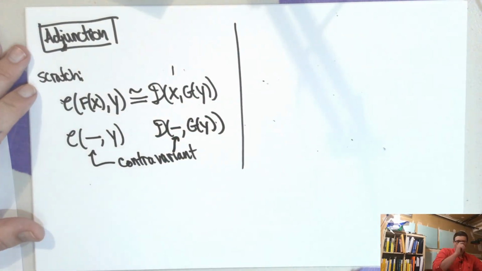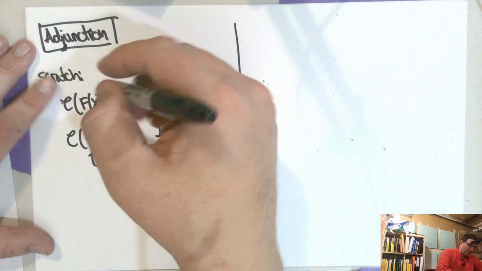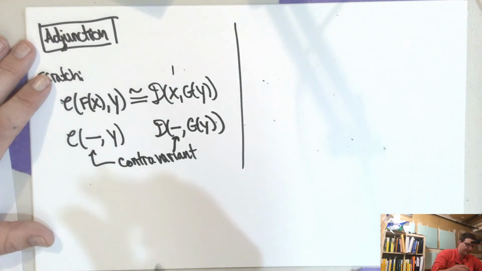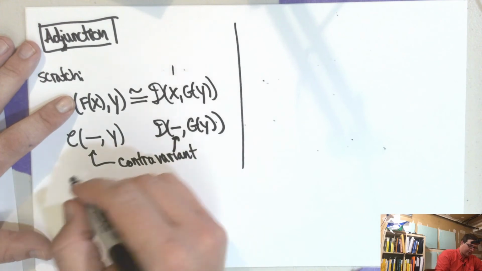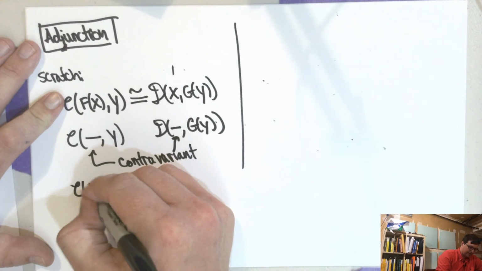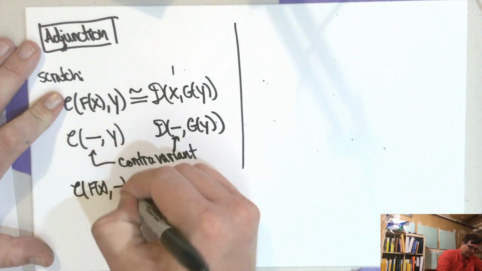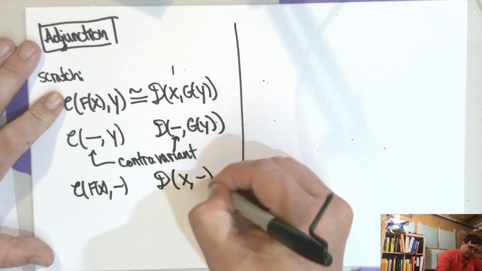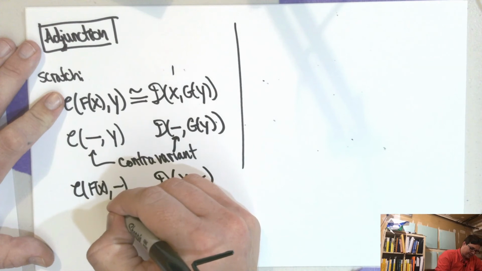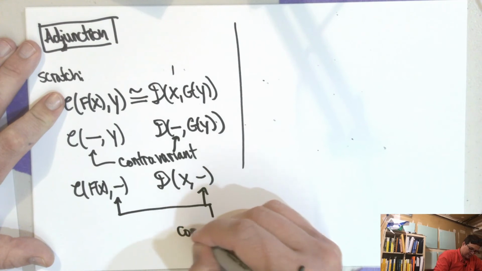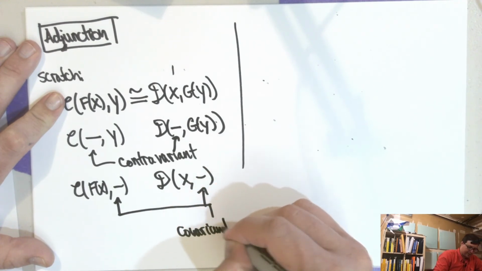And then it's covariant, the word we use for ordinary functors, in the other component. So if I were going to write it like this, with x blank here, it's covariant with respect to morphisms here.